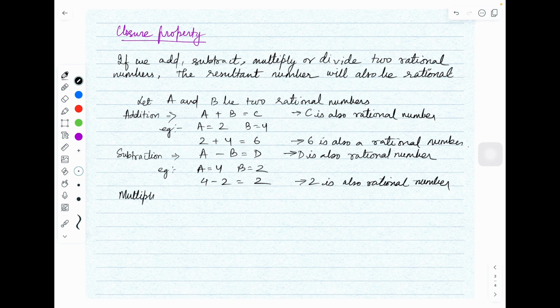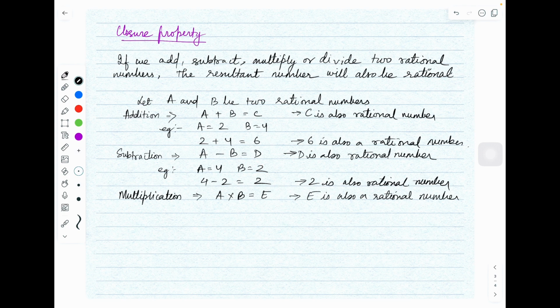Now multiplication. Multiplication, a into b, suppose is giving e as the result. It states that e is also a rational number. Understood?